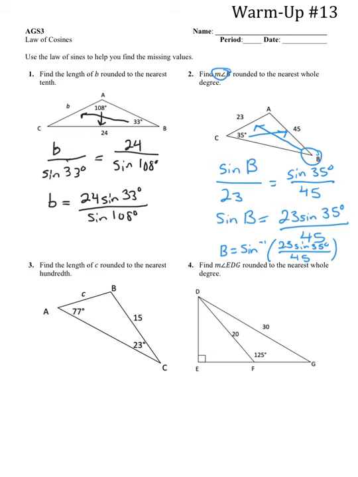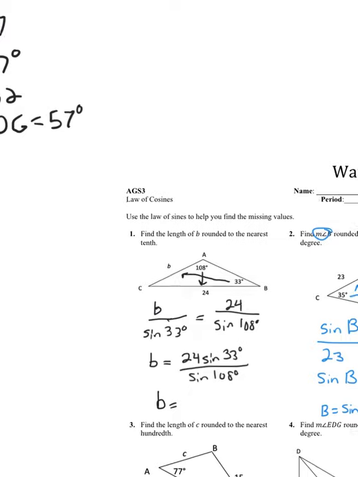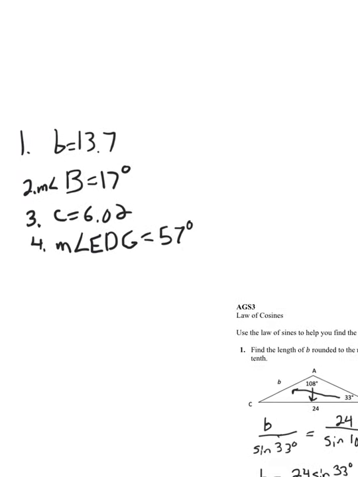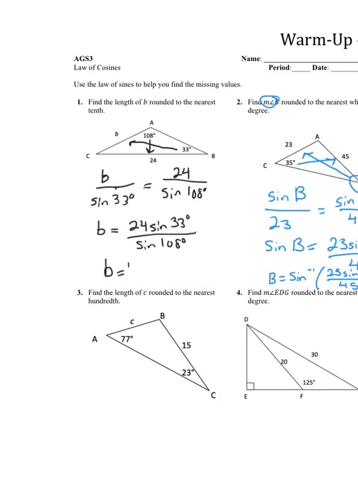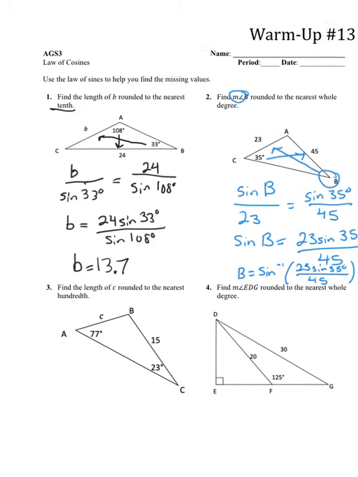Now, for problem 1, what did we get for our B value? I don't have it written right in front of me, but what did we end up getting for that one? Anyone get that one? You can type it into the chat for the B. Let's see, I think I do have it written down somewhere. Here we go. Problem 1, 13.7, rounded to the nearest tenth, so 1 decimal place.